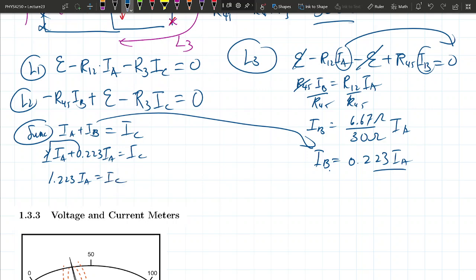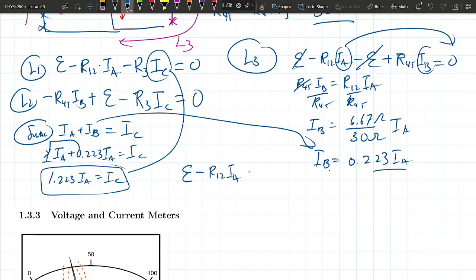Now we have an equation for IC, and let's get rid of that. What we can do is plug this up into here. So EMF minus R12 IA minus R3 times 1.223 IA is all equal to 0.